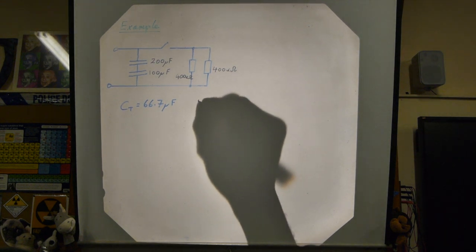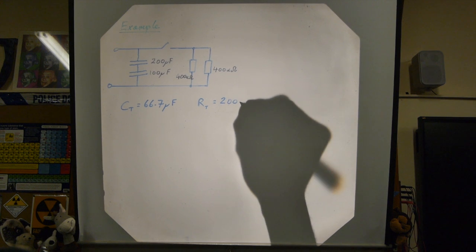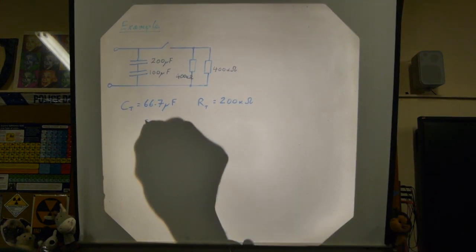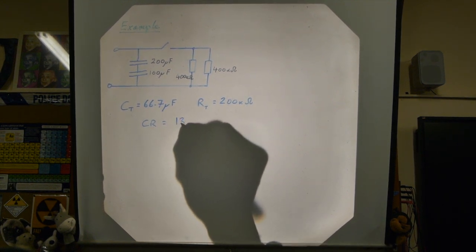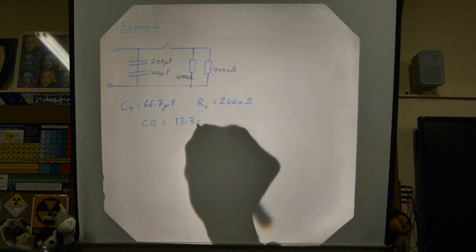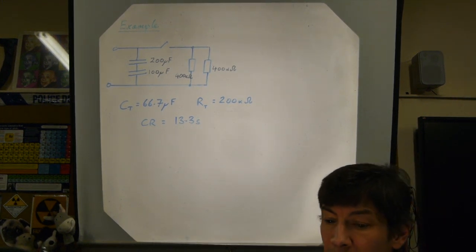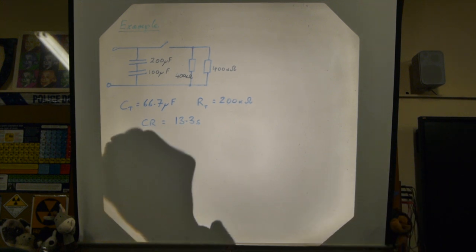R total will be equal to 200 kilo ohms. So CR, the time constant for this circuit, is equal to 13.3 seconds. And we need a question now. So what am I going to ask? Well, what's the current after?